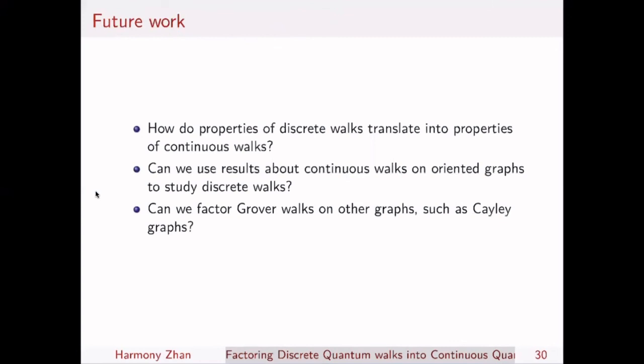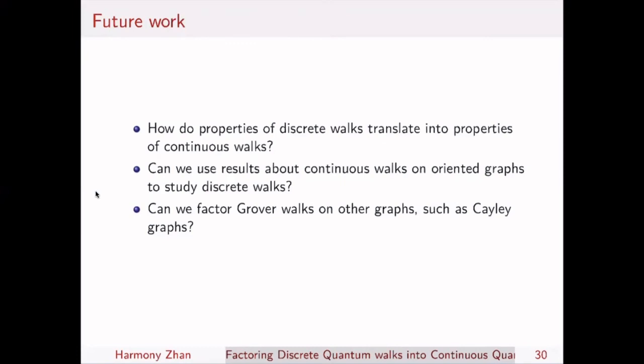So here are some projects that we can look at after finding out this relation. The first one is, how does the property of discrete walk translate into properties of the continuous walk? We have an infinite family of circular graphs that exhibit discrete perfect state transfer.